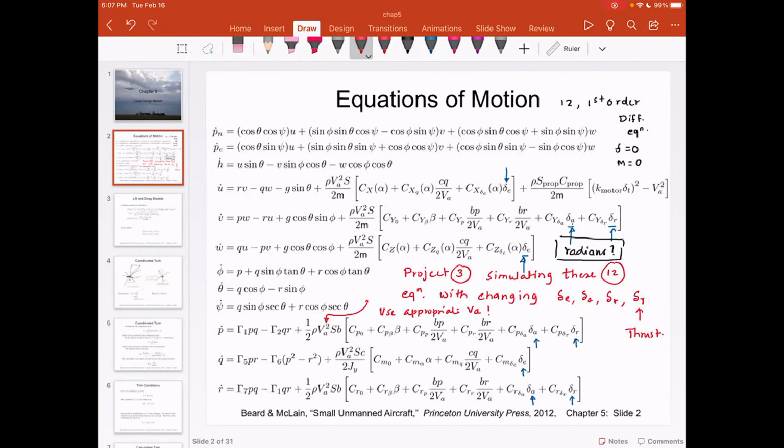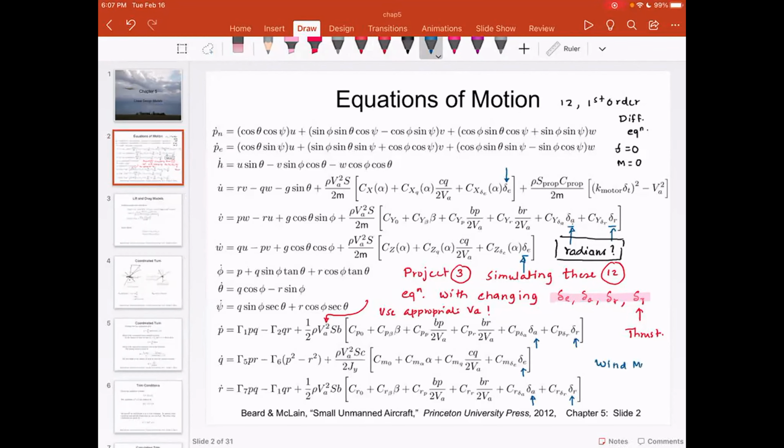Once again, project 3 is nothing but programming these equations inside MATLAB, changing the values of control parameters, and then feeding PN, PE, H, UVW, roll, pitch, yaw, etc. to the airframe animation so that the airframe gets animated. One more important thing is the wind model.